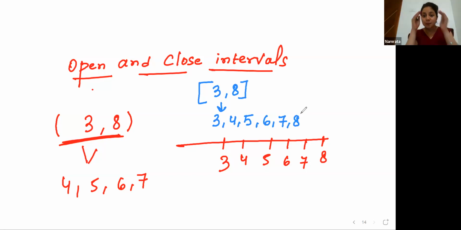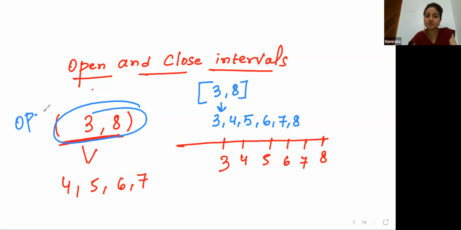So just because of the bracket, we are including the endpoint in one case and excluding the endpoint in the other. This is called open interval, where a smaller bracket will be there. Whenever you see a smaller bracket, you have to understand that the endpoint is not included, and everything in between is included.